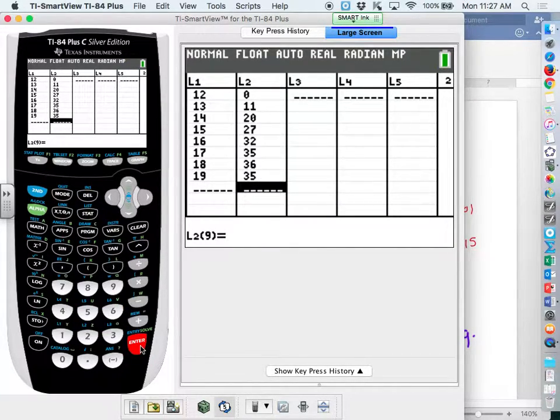So you have your data in there. Just make sure you have the same number of pieces of data in list 1 and list 2. And like I said, don't enter those last 3 in there.